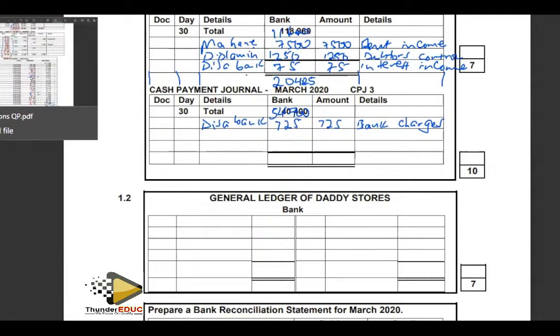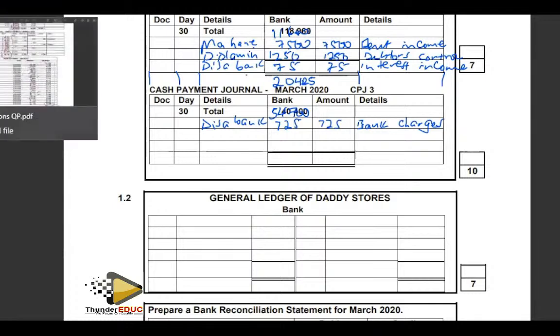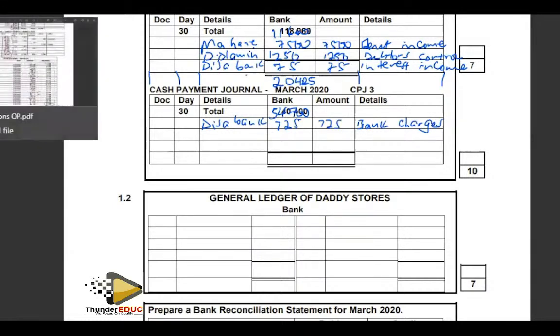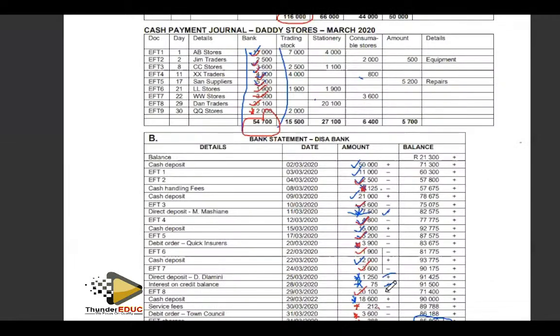Now we have another amount here. We go back to the statement. Where is the statement here?